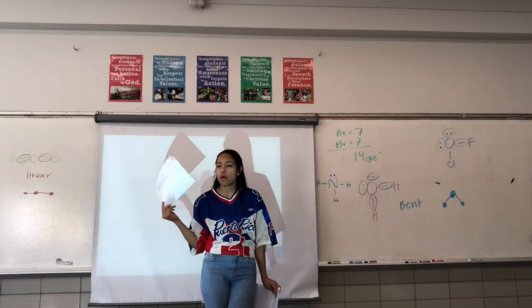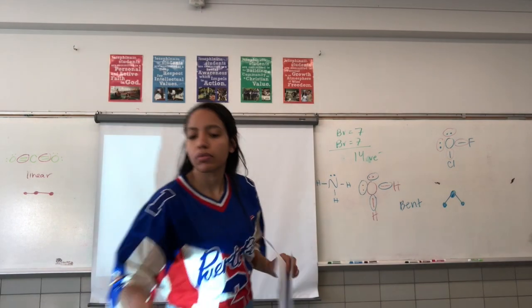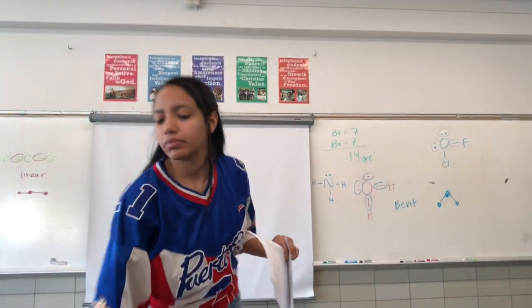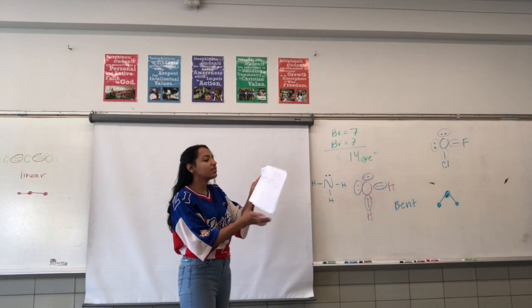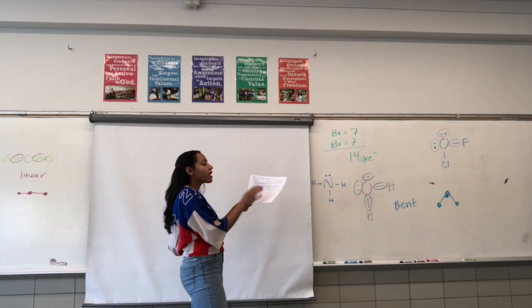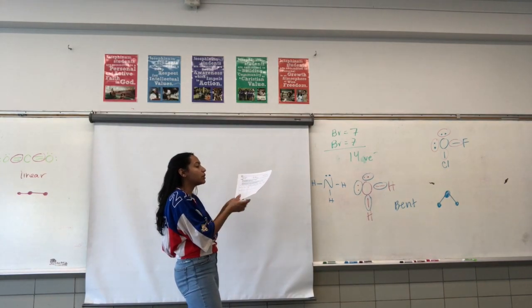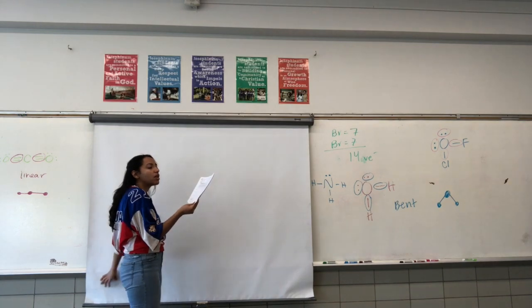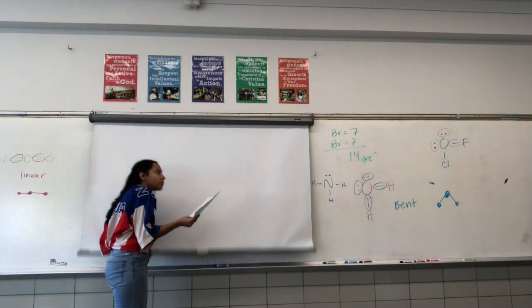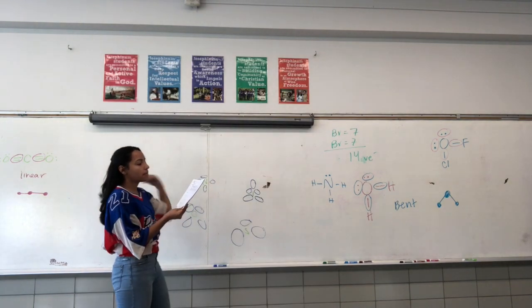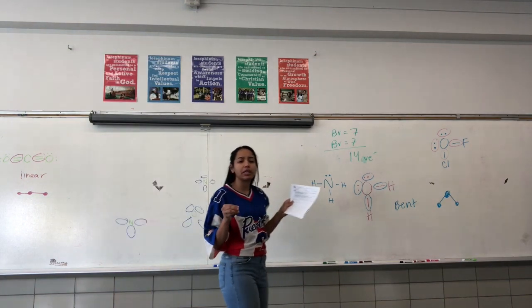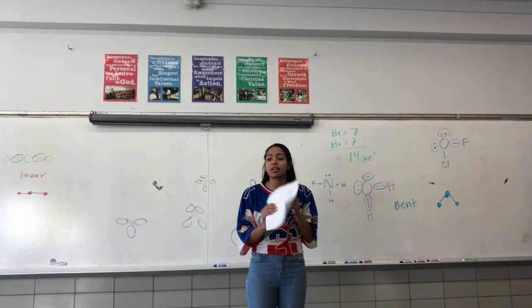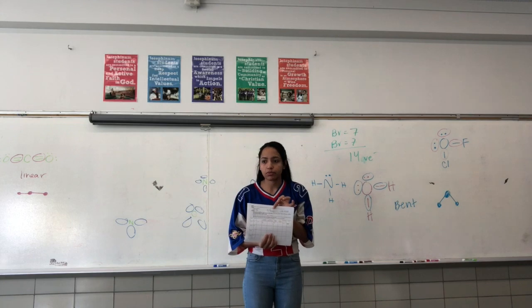So go ahead and flip the page. You have a table. This table is what you're going to fill out. At the top, it says purpose. You're going to build 3D models of covalent molecules. You have a baggie full of pieces. Each piece is a specific atom.